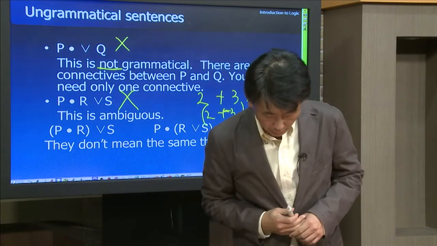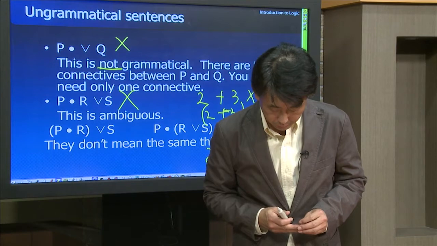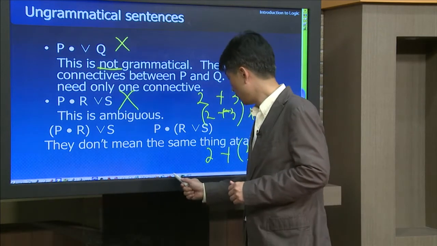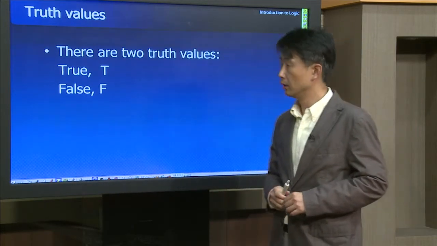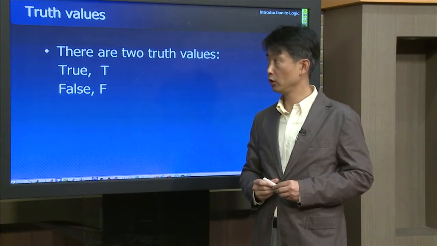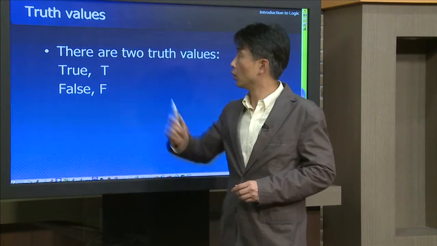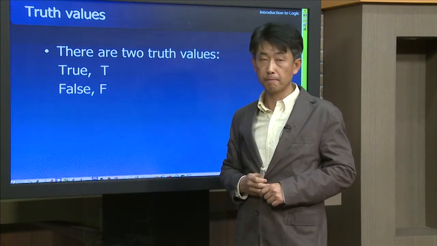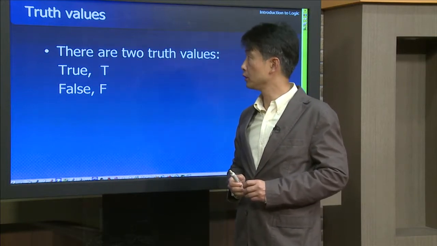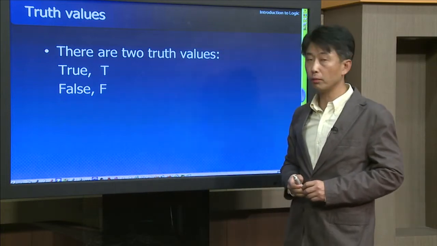All right, so those are some ungrammatical sentences. In the book, you will frequently come across expressions called truth values. Truth values is really either one of these two.